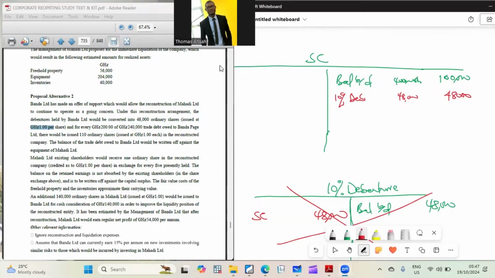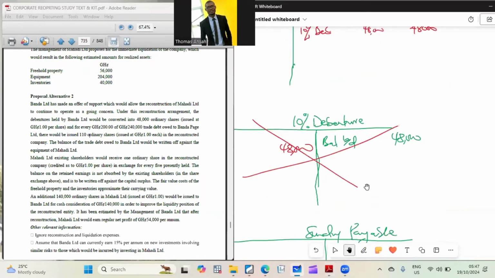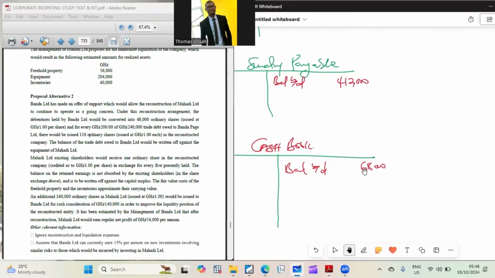Then I told you, you have read the first day, and this "and" is a conjunction. So it says that for every 200 of the 240 trade debt owed to Banda, there will be issued 110 shares, which is also at a price of 1 Ghana cedi. So for every 200 of the 240, this kind of analysis, we've done it all the time.